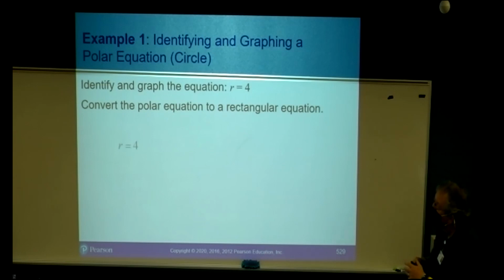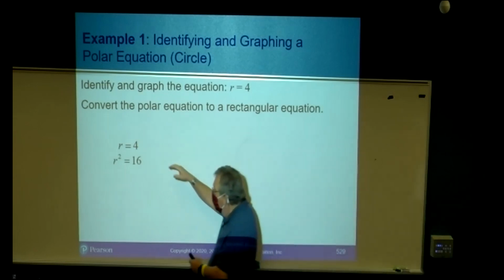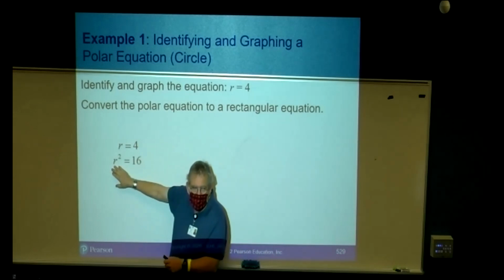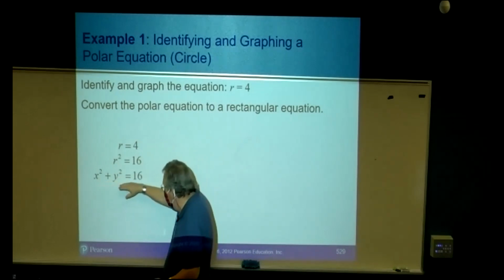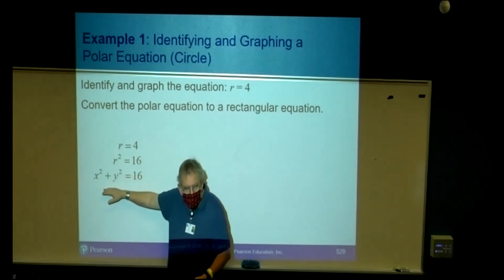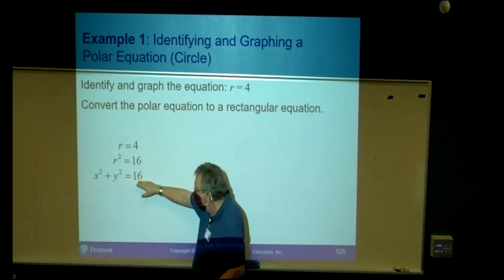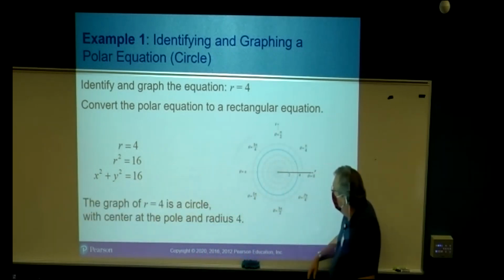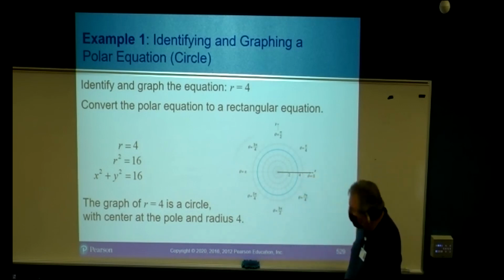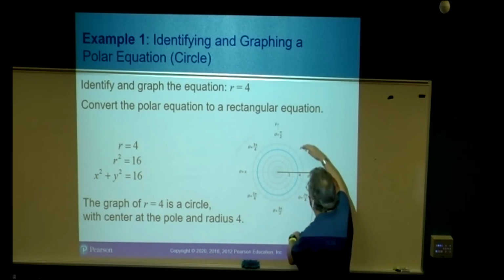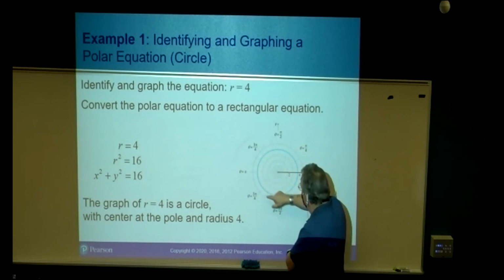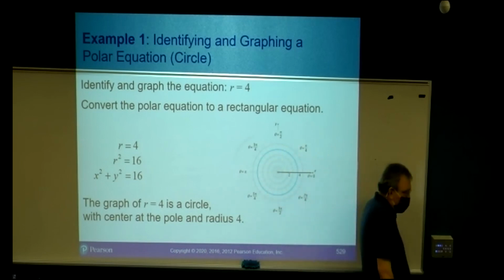Convert the polar equation to a rectangular equation. Well, r equals 4. R squared equals 16. If you square both sides, you get r squared, which brings in the x and y. So this is x squared plus y squared equals 16. This is the equation of a circle centered at the origin where the radius is 4. Boom. They squashed this graph a little bit this way, so it's slightly oval here, not ellipsoid.